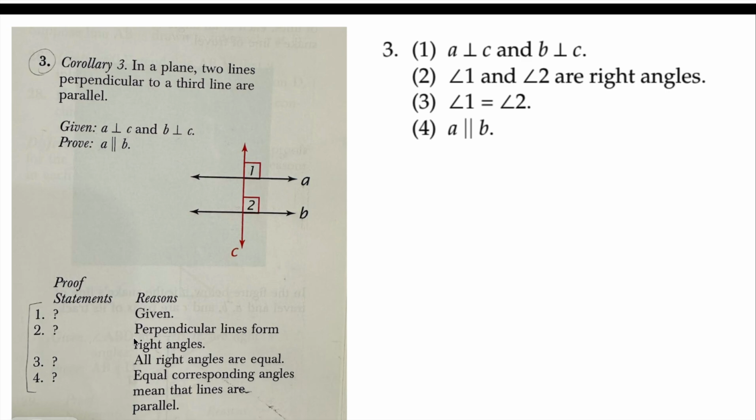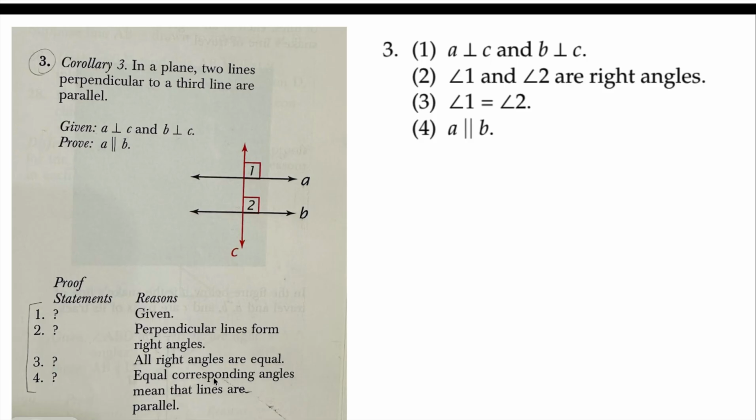Next, perpendicular lines form right angles. How do we know this? What is our statement that we can do? Angle 1 and angle 2 are right angles. All right angles are equal. Yes, so we're going to write the two angles that are equal. Angle 1 is equal to angle 2. Then, have we proven what we wanted to?